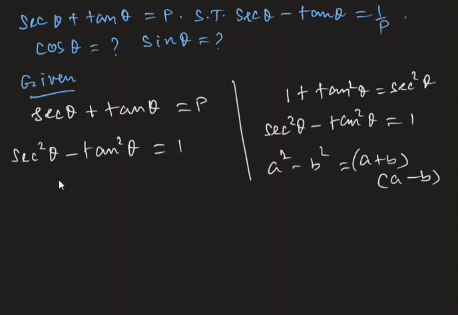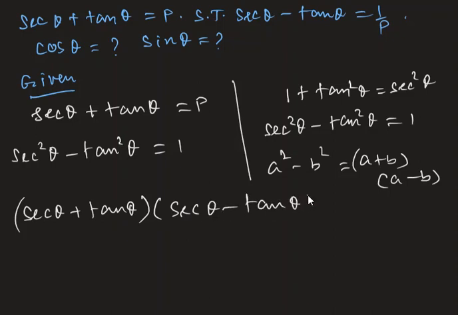Therefore, we can apply the same equation here: secant theta plus tan theta into secant theta minus tan theta is equal to 1. It is given that secant theta plus tan theta is P, so we can replace this by P. So P into secant theta minus tan theta is equal to 1.